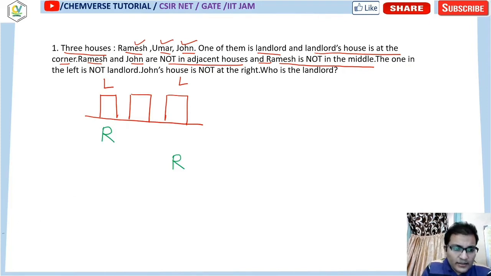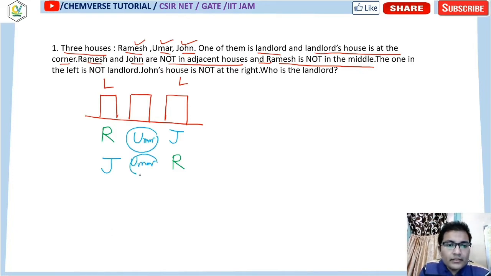That means John cannot be in the middle, because Ramesh is already on either side. If Ramesh is in the left building, John will be in the right building, and if Ramesh is in the right side building, then John will be in the left side building. So unanimously Umar will be in the middle.